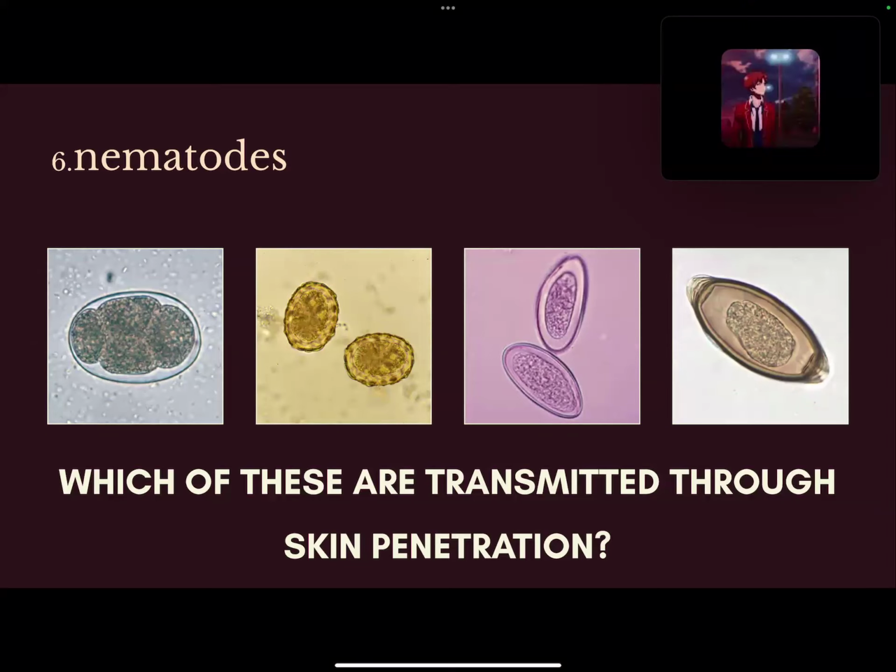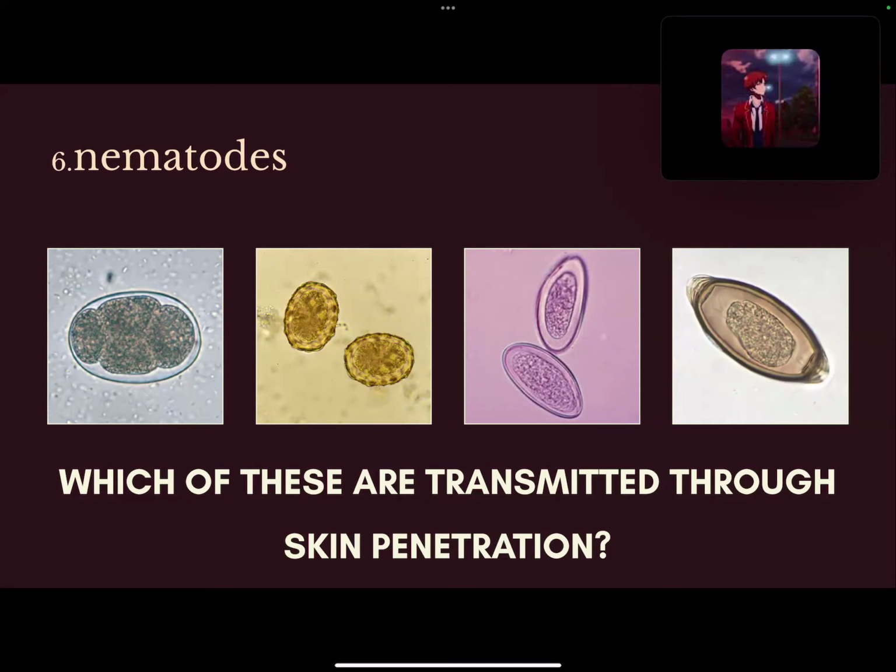The second one, I think, is Ascaris. It's transmitted via, you can cough it up and then swallow it. Transmission would actually be through the eggs, fecal-oral. Good.